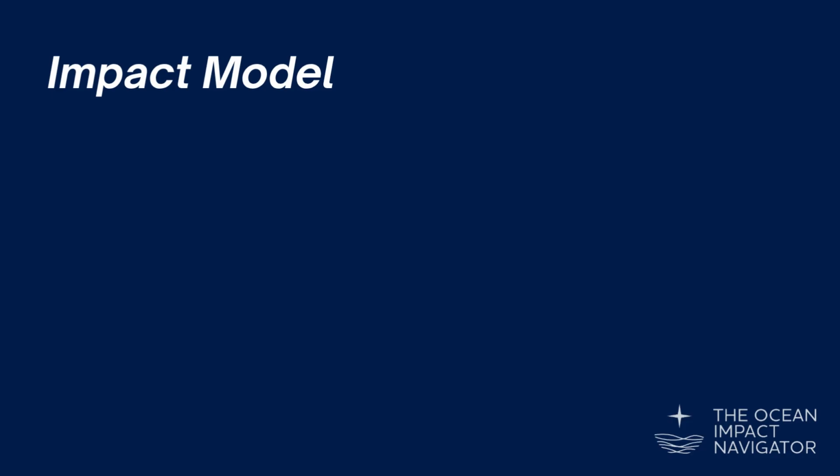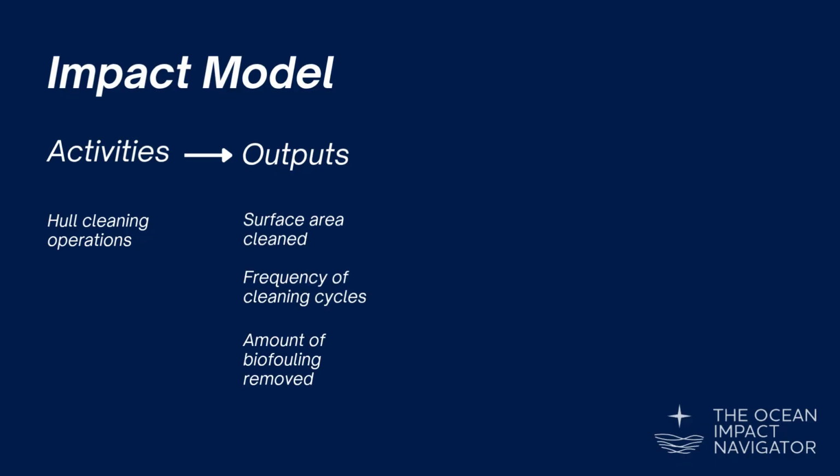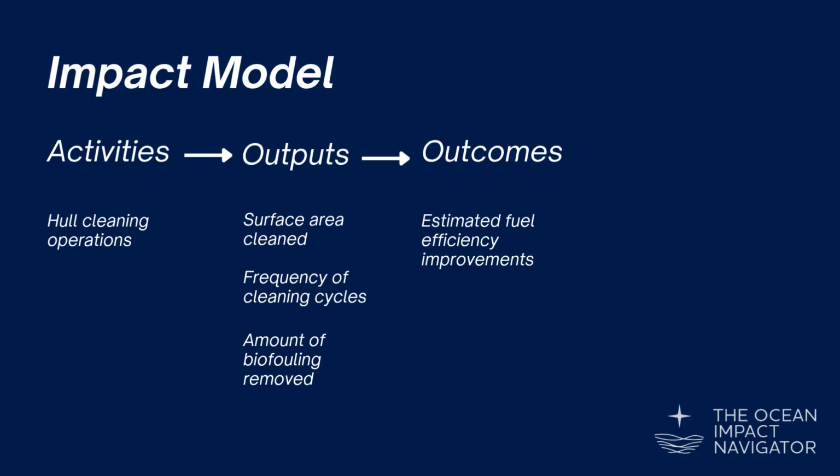Now we build the impact model. At the activity level, the company performs hull cleaning operations. At the output level, measurable variables might include surface area cleaned, frequency of cleaning cycles, and amount of biofouling removed. These are directly measurable intermediate KPIs. At the outcome level, we estimate fuel efficiency improvements resulting from reduced drag.